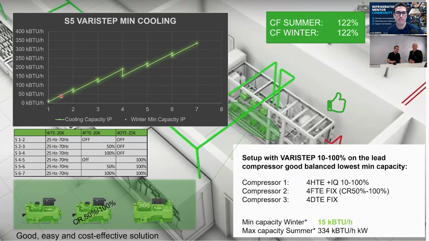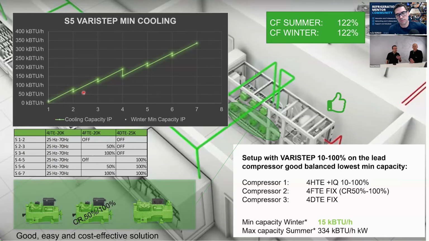You will have approximately 30 hertz, 30% capacity at 40 kBTU. So the efficiency is very good in the low load situation. And you can gear up until 334 kBTU with only 3 compressors, and you can cover a very, very large range with 3 compressors installed.